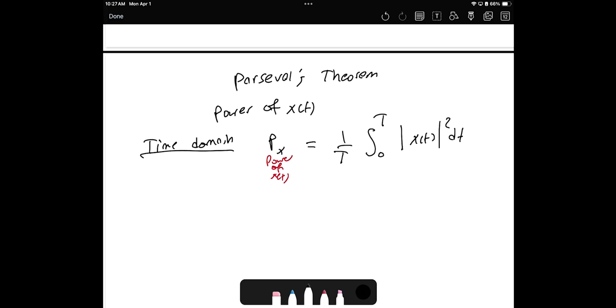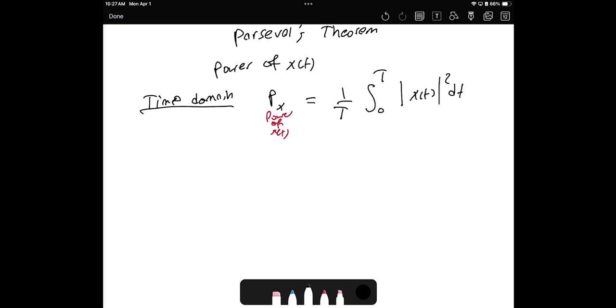It is similar to the average, but we make a square, the integral over the full period of x of t squared. This is in the time domain. Now, how can we find this in the phasor domain? Sometimes the time domain can be harder to analyze, but if we do this in the frequency domain, it will be much easier. Let's see case number 1, when we are with the complex exponential Fourier series.